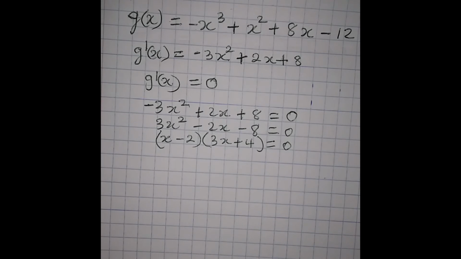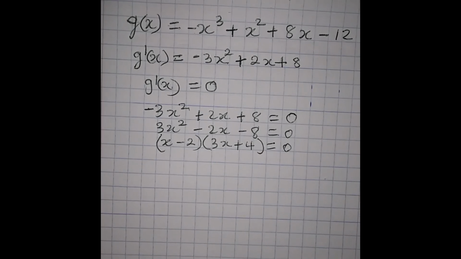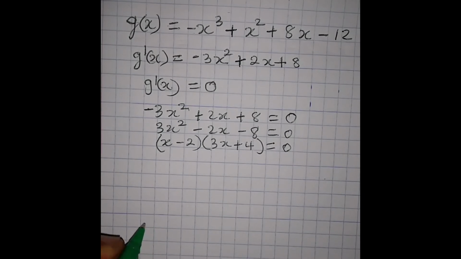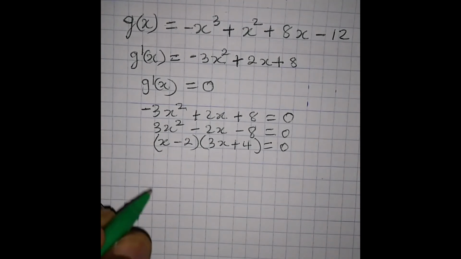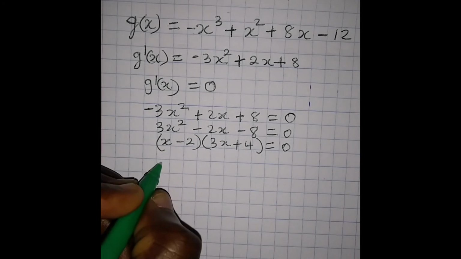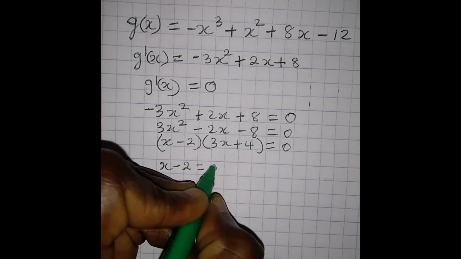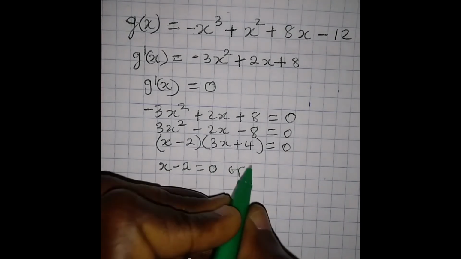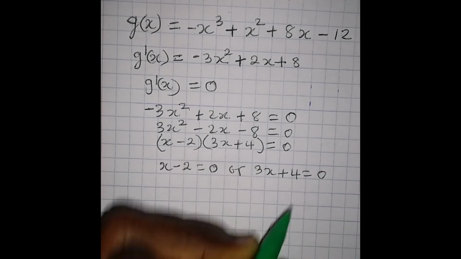You can even use completing the square method, or you can factorize completely. Whichever way you use, it's all the same once the results are equal. So now we have the two brackets that are equal to 0. So obviously we know that x minus 2 should be equal to 0. This is the product rule, as you know about. So 3x plus 4 is equal to 0.